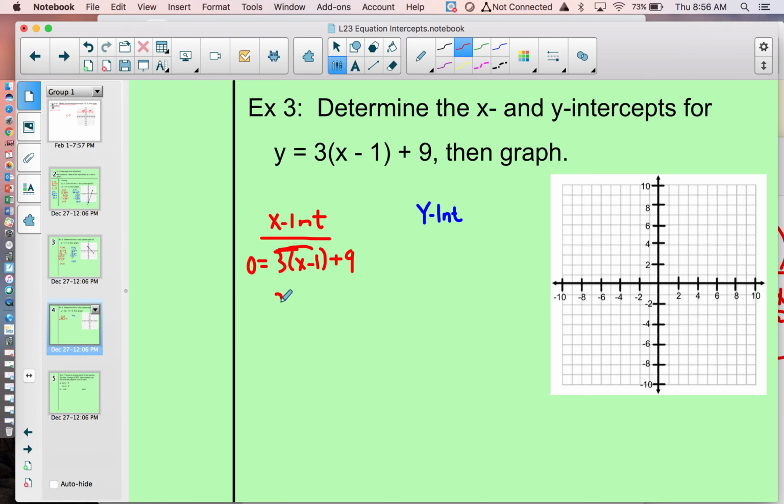We distribute through. We get 3x minus 3 plus 9. And this is equal to 0. So let's combine like terms here. This is a -3 and a +9. So -3 and +9 add to give you 6.